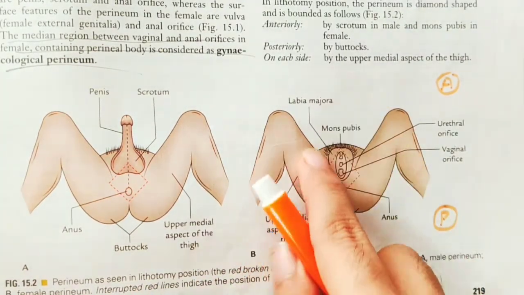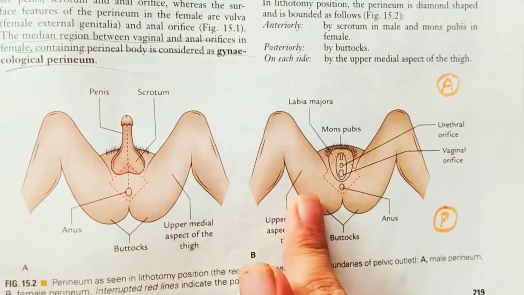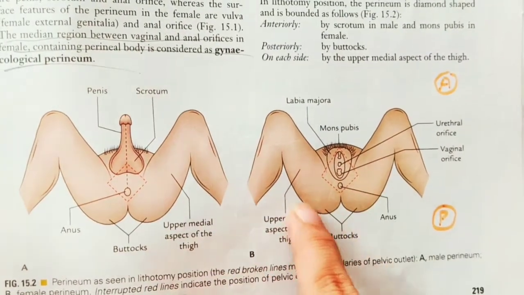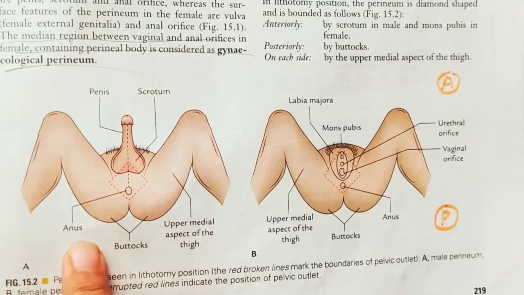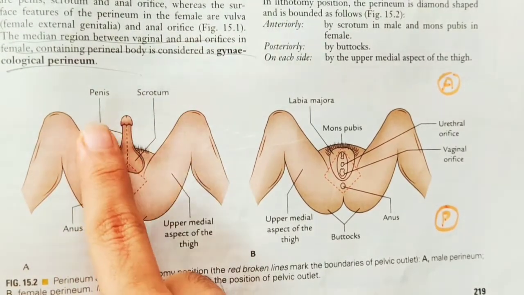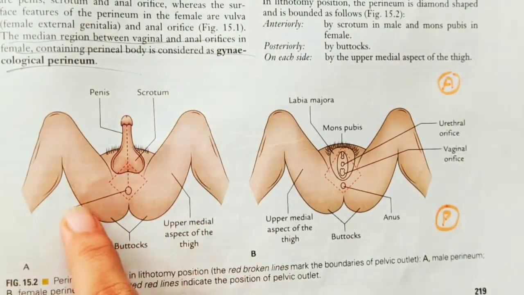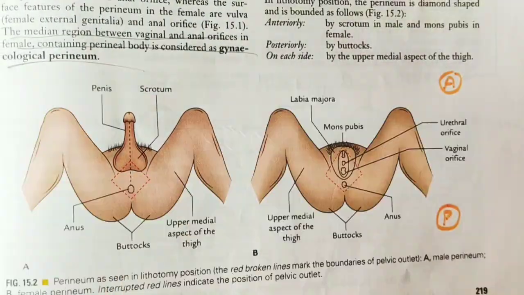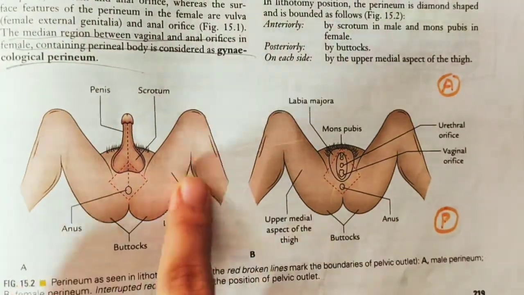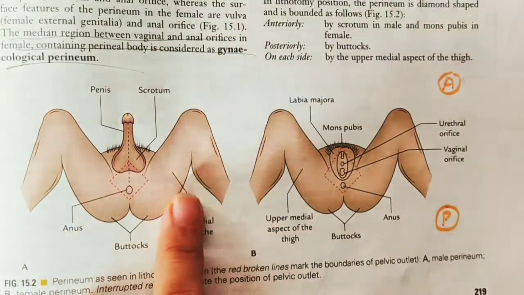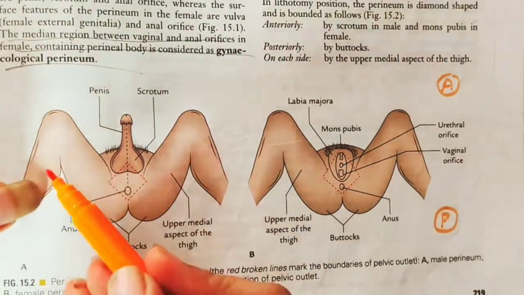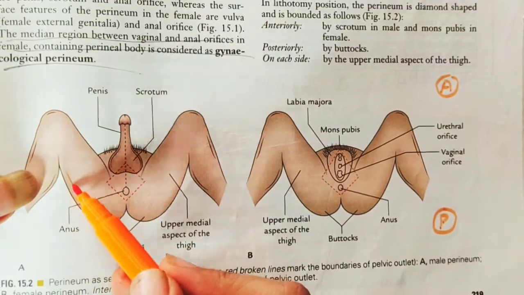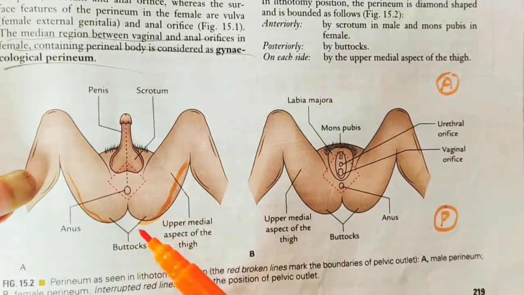On the posterior side there are two buttocks. Whereas in the males, on the anterior side there is penis as well as the scrotum, and on the posterior side there are buttocks. And on each side you can see the medial aspects of the thigh.